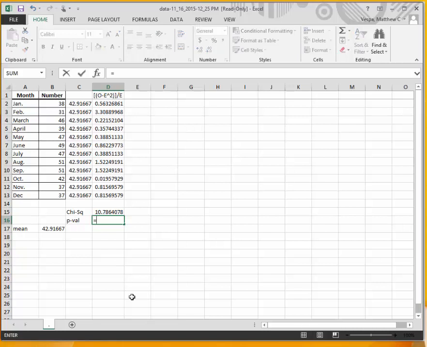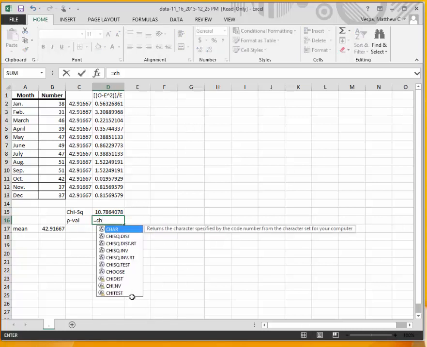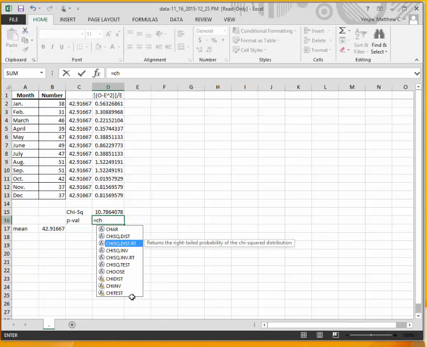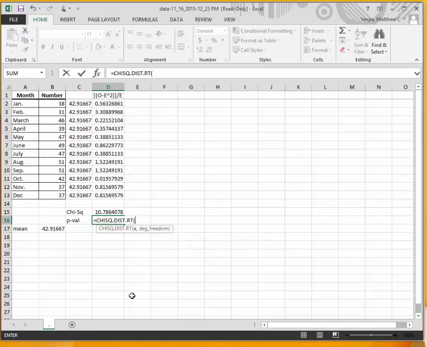So we say equals, I start calling up the chi-squared distributions, and this one will give me the right-tailed area. So this is what I would like to use, the chi-squared distribution right-tailed. So I tab for autocomplete, where this is my chi-squared test statistic, and I had 12 minus 1 or 11 degrees of freedom.